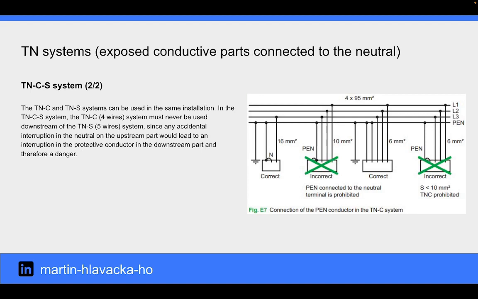In the figure, you can see a connection of the PEN conductor in the TNC system.